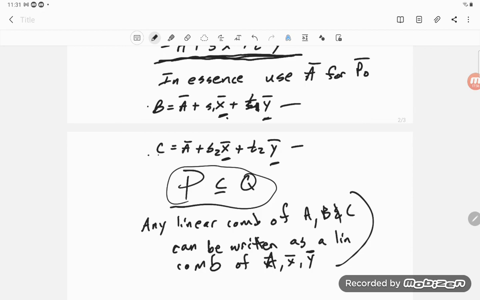The stuff we did back in, I don't know what chapter that was, chapter 3 maybe. We're using that here to say P is a subset of Q.